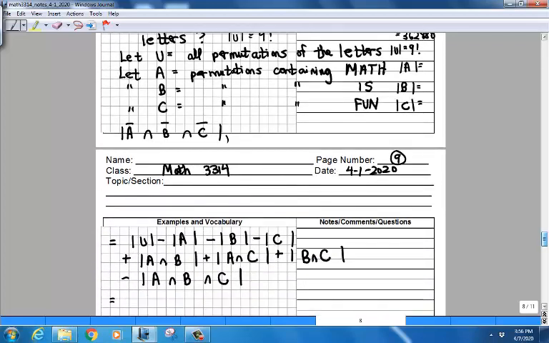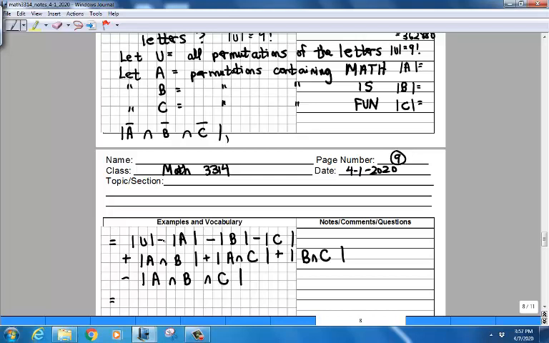Because Theorem 6 tells us that to compute the cardinality of the intersection of the complements, you're going to take your universal set cardinality, subtract the cardinalities of the three sets A, B, and C, then add back in the cardinalities of the pairwise intersections of A, B, and C, and then subtract off the cardinality of the intersection of all three sets, right? Okay.